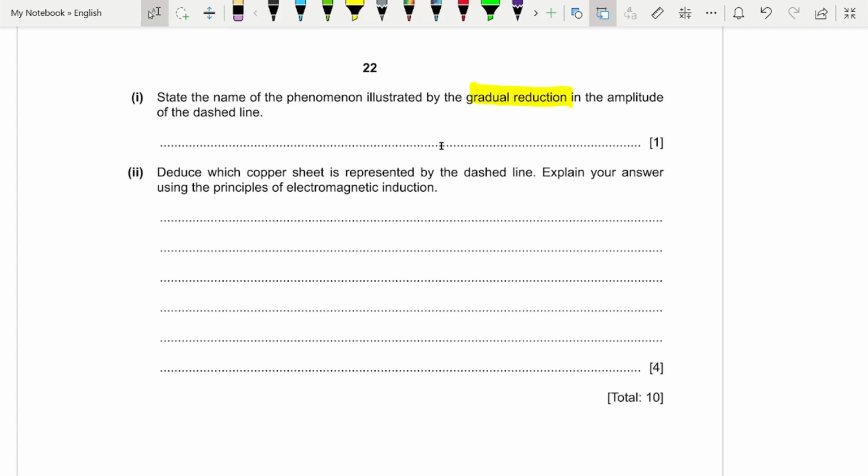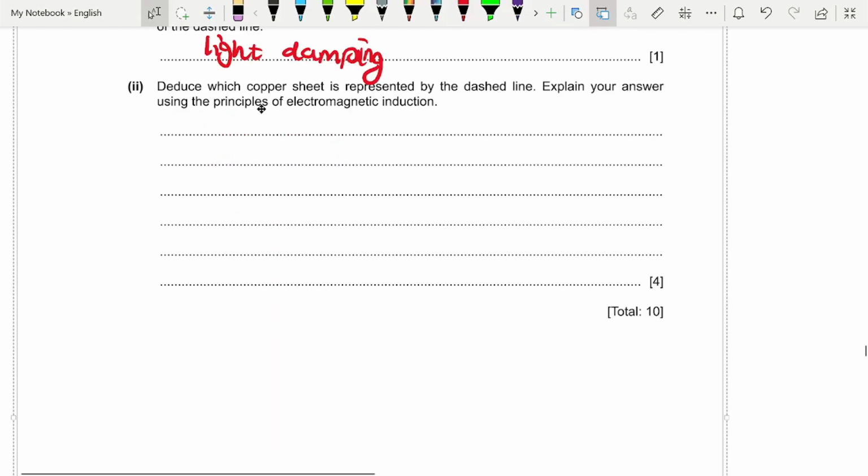So in this specific case, it's going to be damping. Not just any damping, light damping. Damping occurs, for example, when you swing on a swing and then come to a halt. That's damping that has occurred, and that's the phenomenon we're trying to illustrate here. Okay, moving on to the next question.